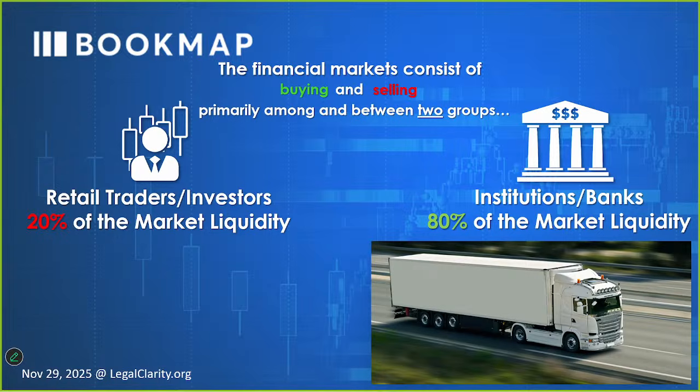For example, if an institution wanted to buy 100,000 shares of something at a specific price, at that price they would be like 99.9% of the liquidity. But spread across the market as a whole, they're about 80% of the order flow. They're 80%, we're 20%. In a supply and demand controlled world, when they are 4 times our size, if we're buying and they're selling, it's like standing in front of this truck.